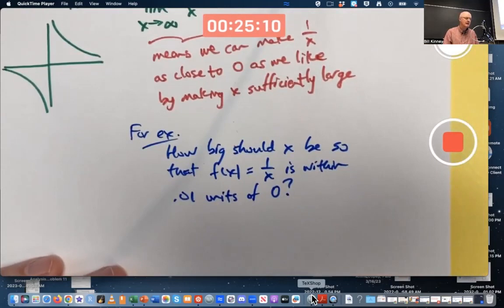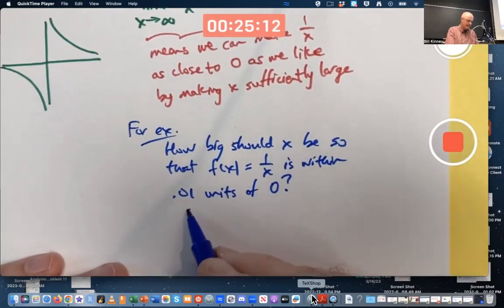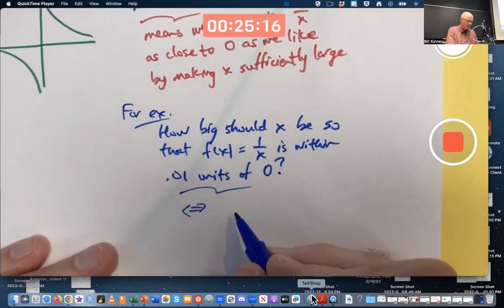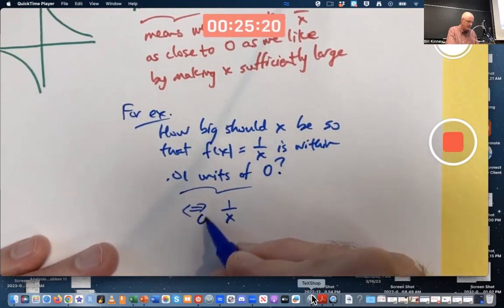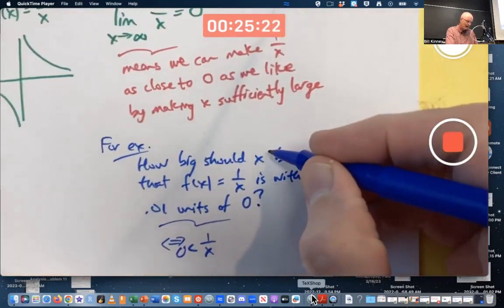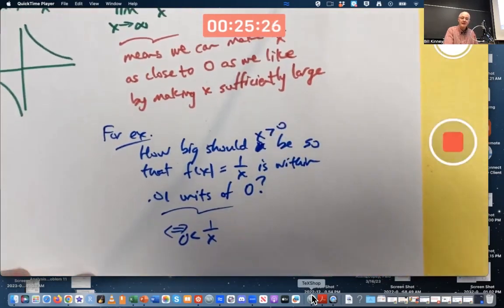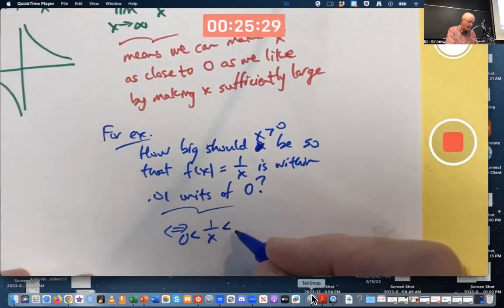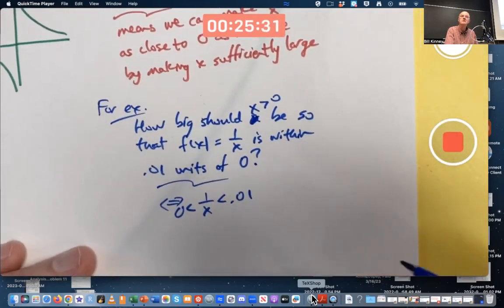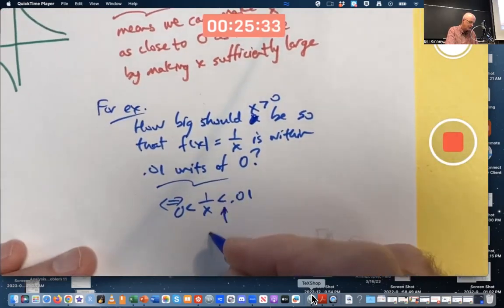What would that mean? This would mean that 1 over x, well, it's certainly positive. I want to emphasize x is positive, x greater than 0. It's certainly positive. I want it to be less than 0.01.